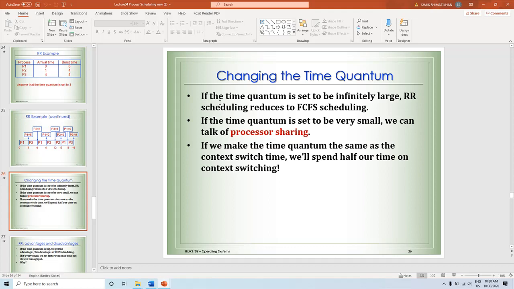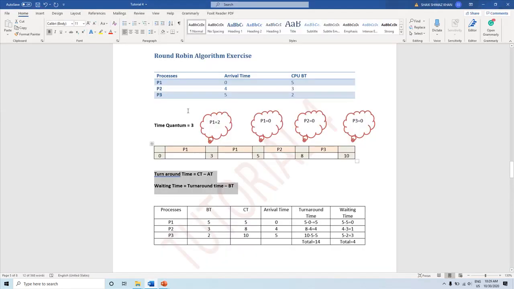It should be a medium value. If the time quantum is very large, the round robin algorithm would function like an FCFS algorithm.